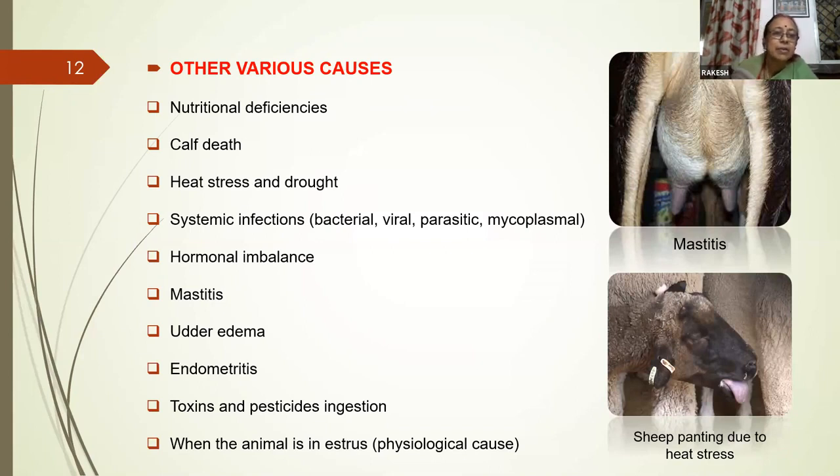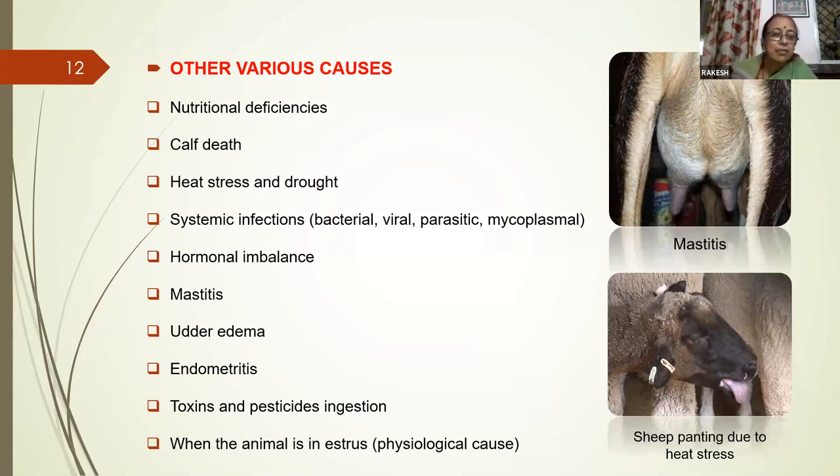Hormonal imbalance, as I told you, since hormones are responsible for milk letdown and milk production. Then mastitis, already discussed, udder edema, endometritis, toxins and pesticides. These toxins are very pathogenic to the animals when they go out for grazing.